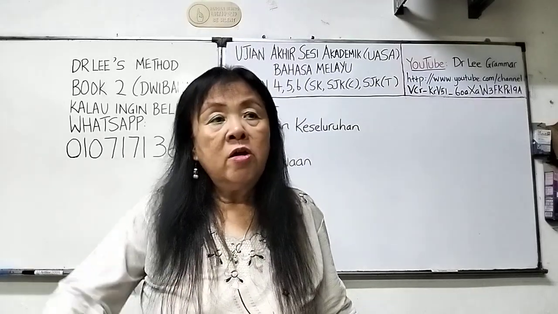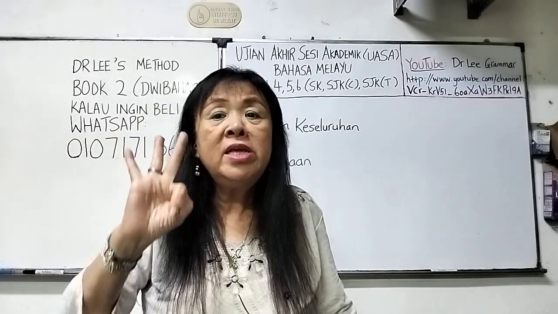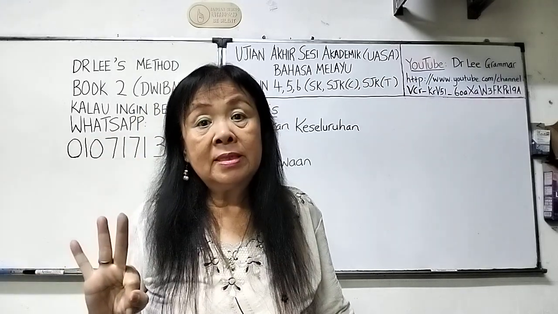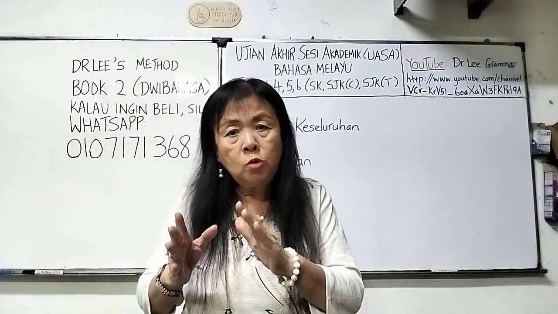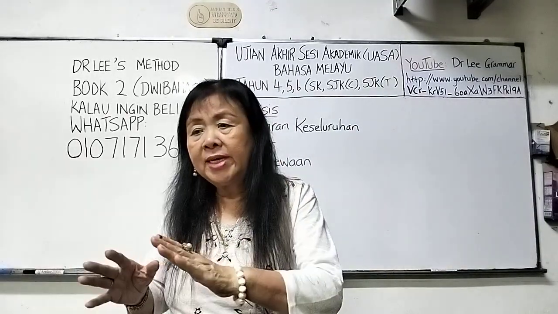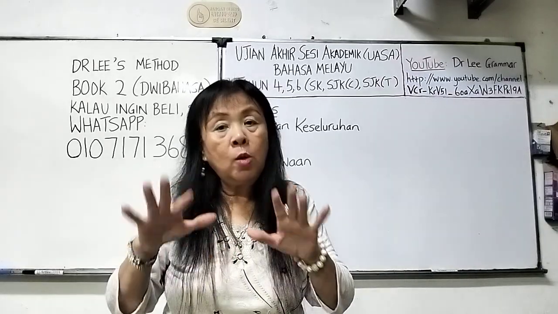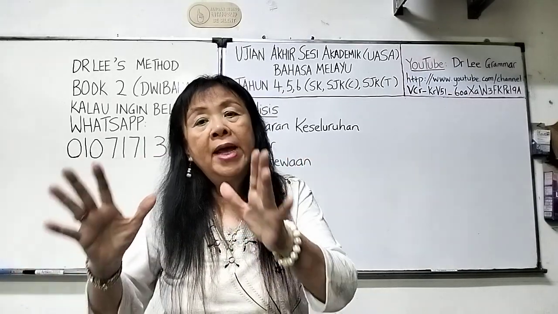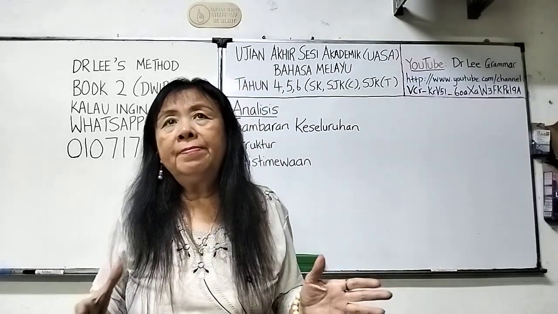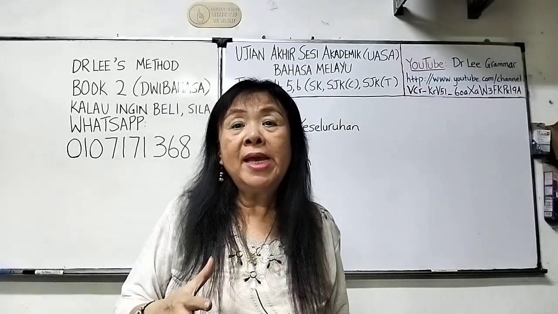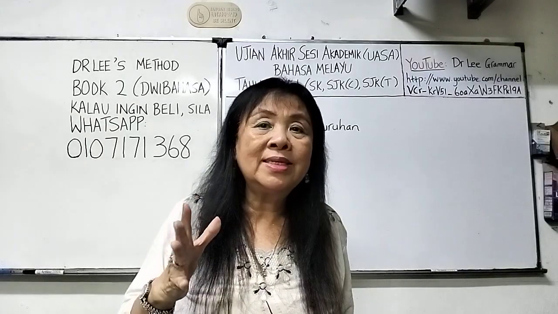Meaning, for the UPSR for the whole country, you had 3 different sets of exam papers. Paper 1, paper 2 for Sjkc, Sjkt, and Sk are different. They have their own. They have one set for Sjkc, one set for Sk. So that was UPSR, I mean now Uasa is different.